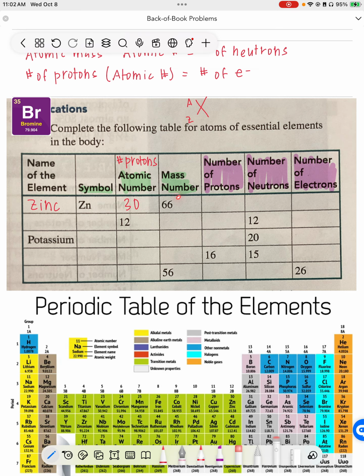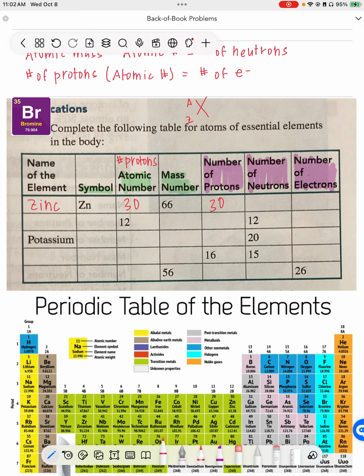So we have a mass number of 66 and we have an atomic number of 30. We can tell the number of protons from the atomic number, which is 30. So it will always have 30 protons. That will never change. But the number of neutrons can change for each element. In fact, all elements have different isotopes with different numbers of neutrons.